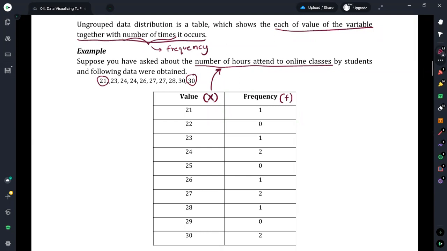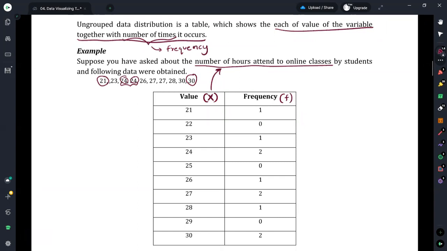We can see that 21 appears one time, and therefore 1 is written here, but you cannot see any value as 22, therefore its frequency is 0. Then 23 appears one time, but 24 has appeared 2 times, therefore the frequency of 24 is 2.